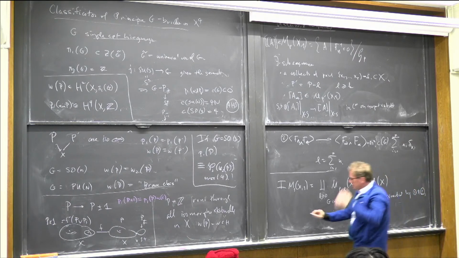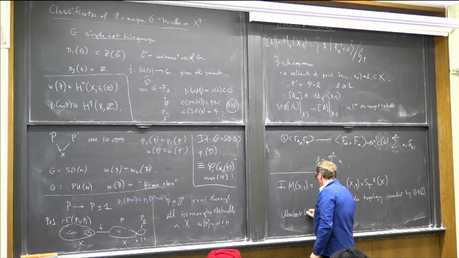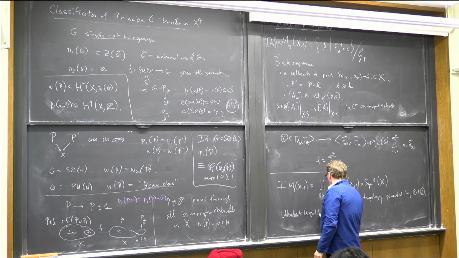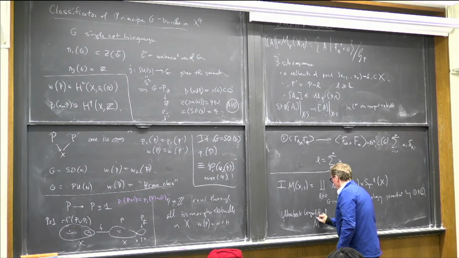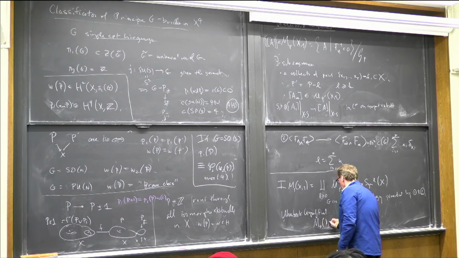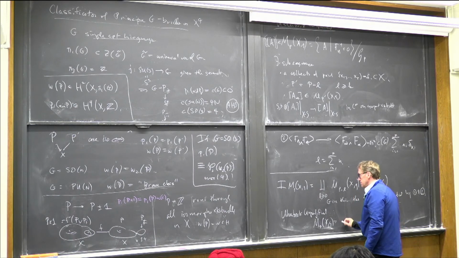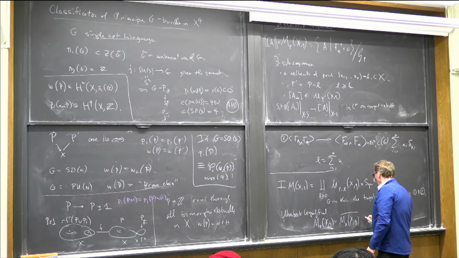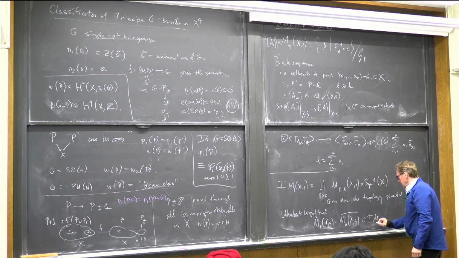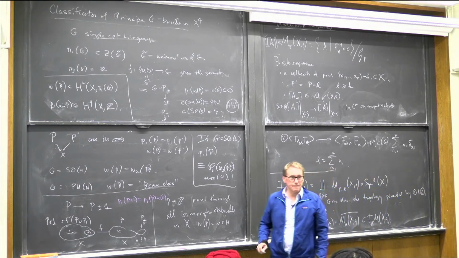Okay, and then the Uhlenbeck compactification is the closure in the space of ideal instantons. Okay?